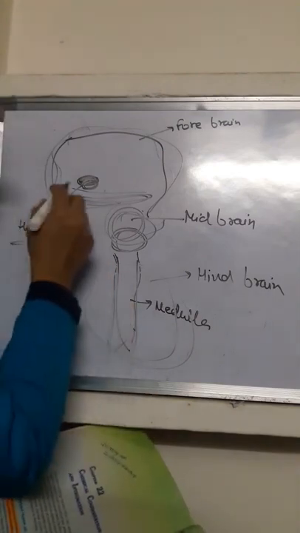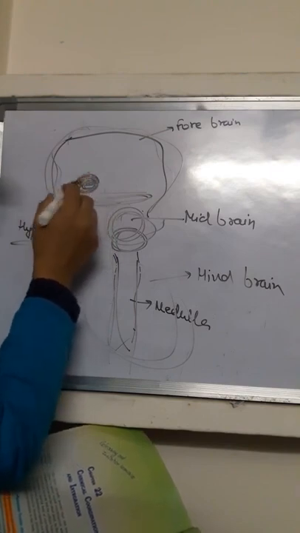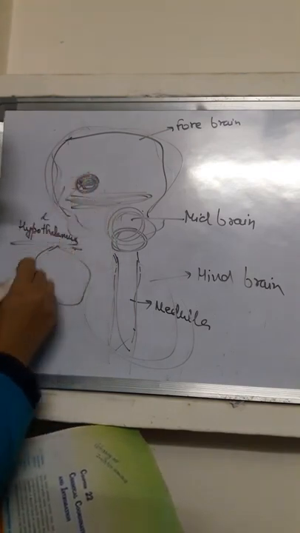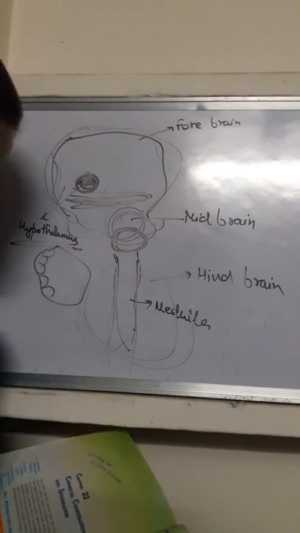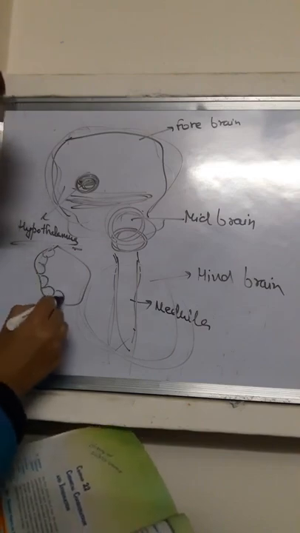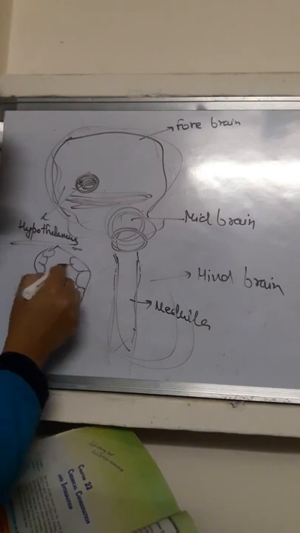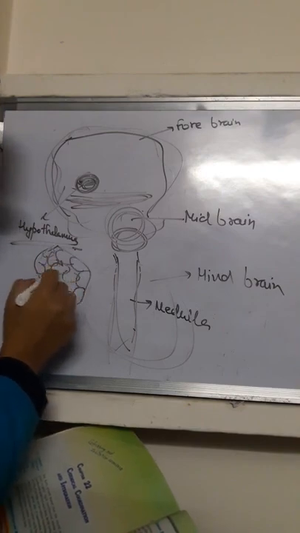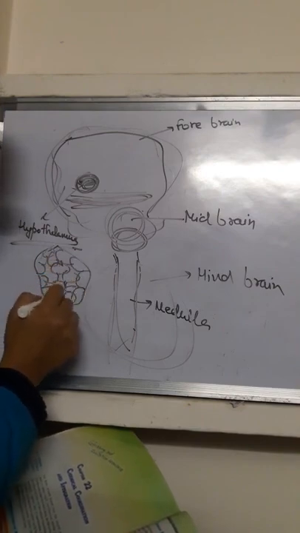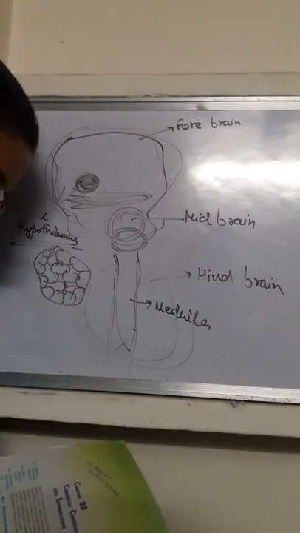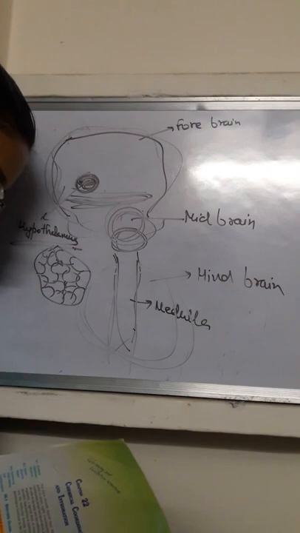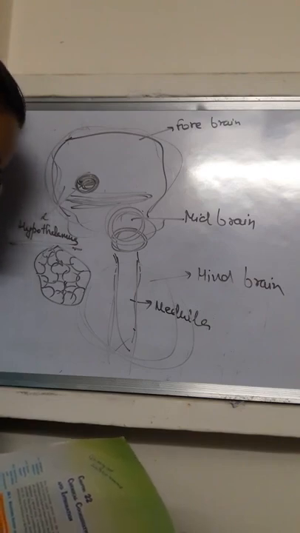So hypothalamus has various types of neurosecretory cells, which produce many hormones. These hormones further regulate the synthesis and secretion of pituitary hormones.